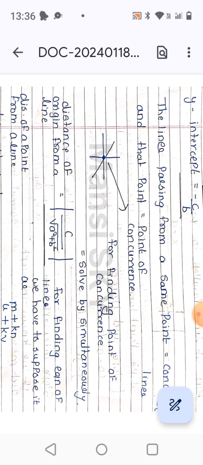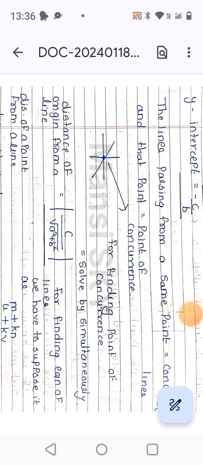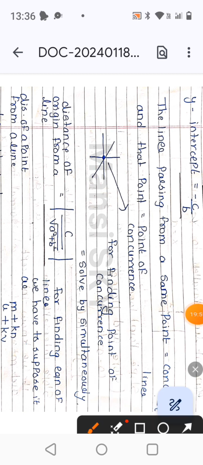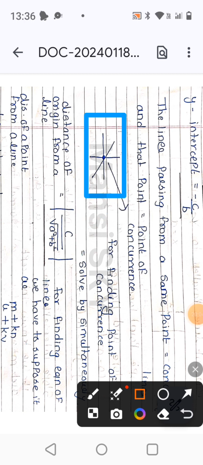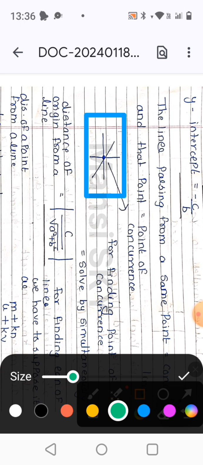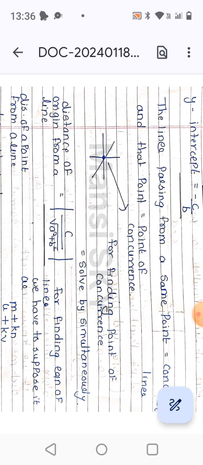With the help of this diagram, you can understand that the lines given here are concurrent lines, and the point is nothing but the point of concurrence.